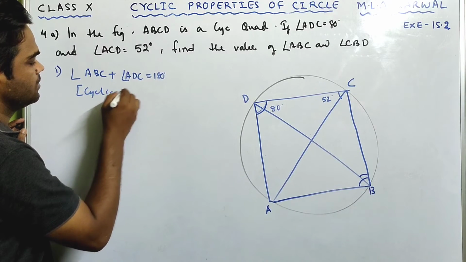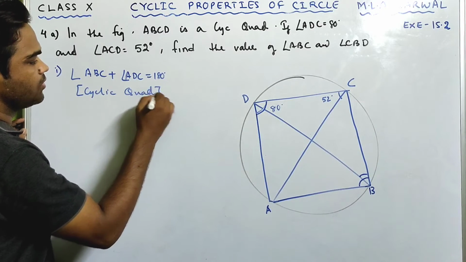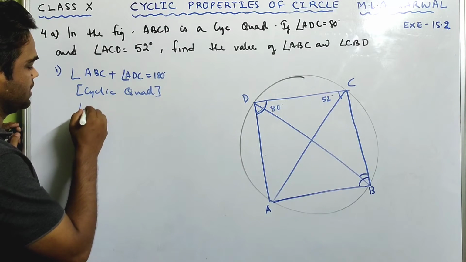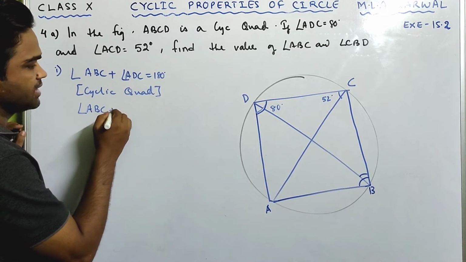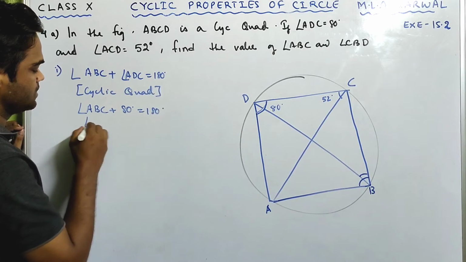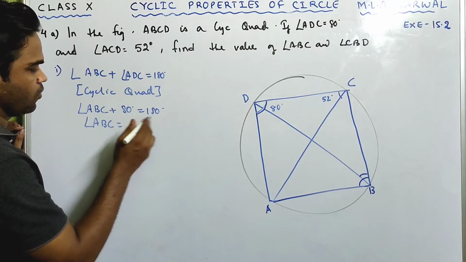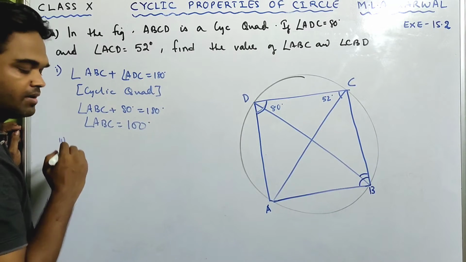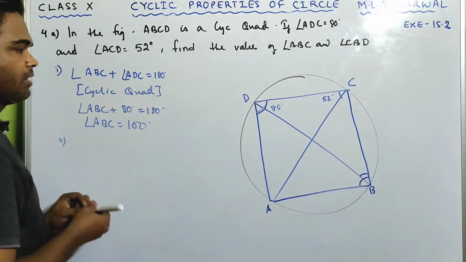Opposite angles are supplementary to each other. Now, ABC I don't know, plus ADC is 80, is equal to 180. So angle ABC I can write 180 minus 80, that's 100 degree. Done, first part. Now the second part.